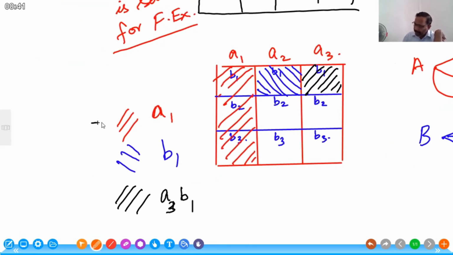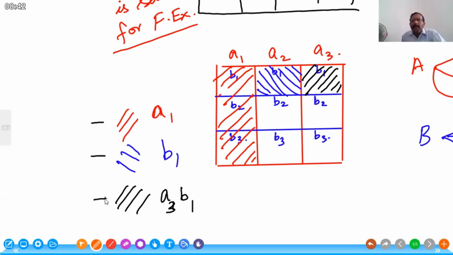Now tell me, how many plot sizes are there for A1, A2, A3, and B1, B2, B3? Are the plot sizes same? Which one is bigger, A1 plot size or B1 plot size? A1.